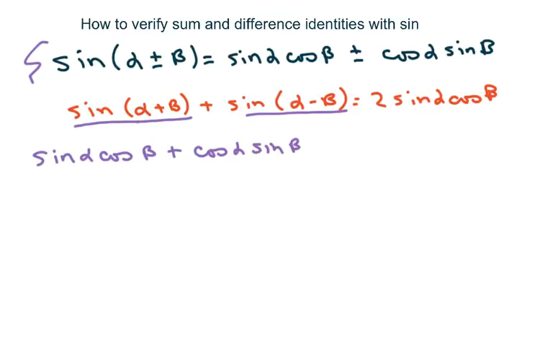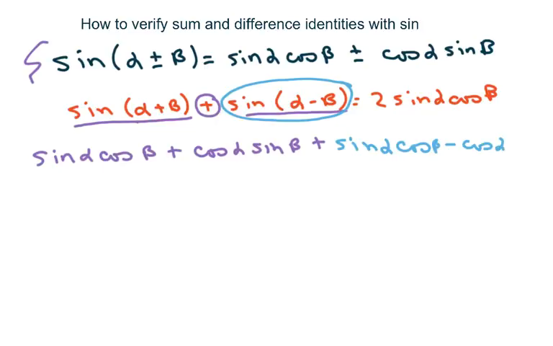And then we have plus here. Now we're going to do the plus, and now we're going to do this part here. And so that's going to be sine of alpha cosine of beta minus cosine of alpha sine of beta.